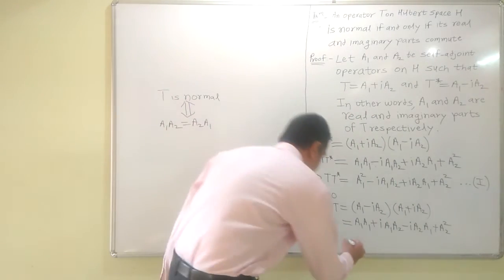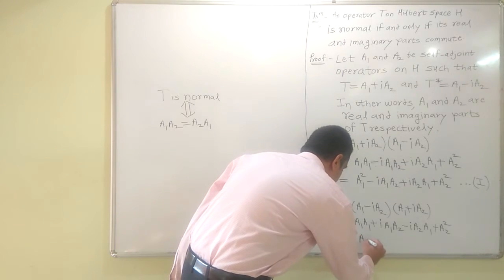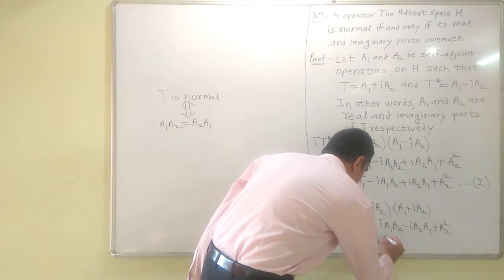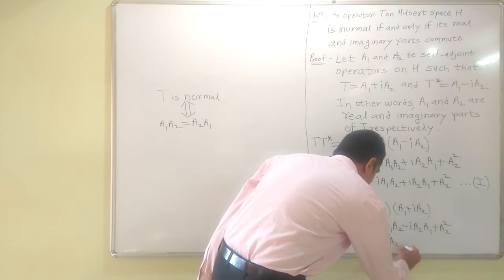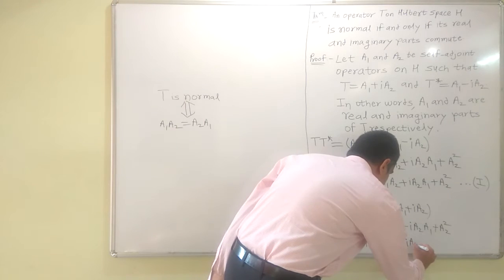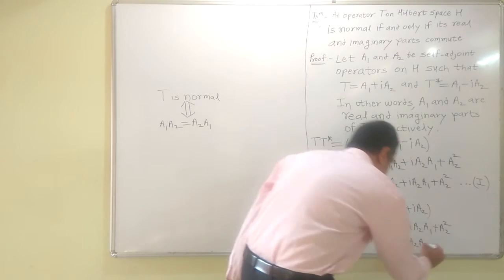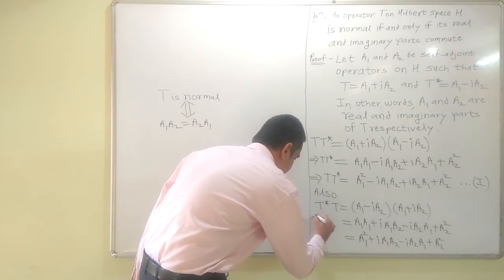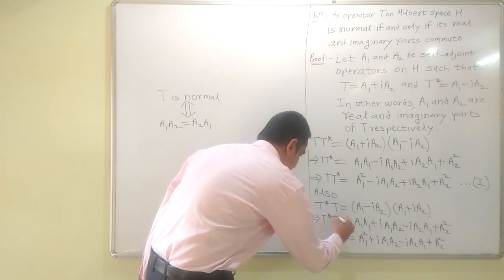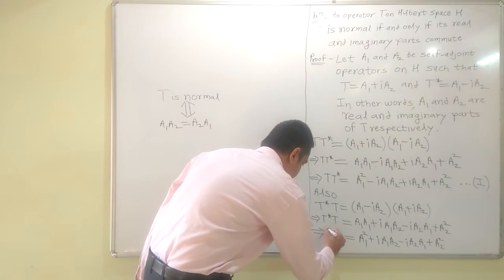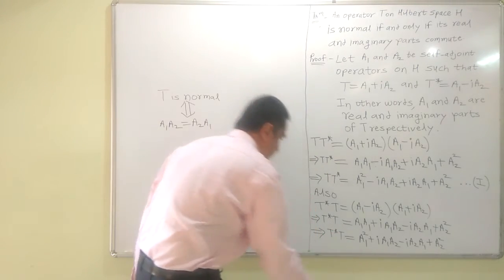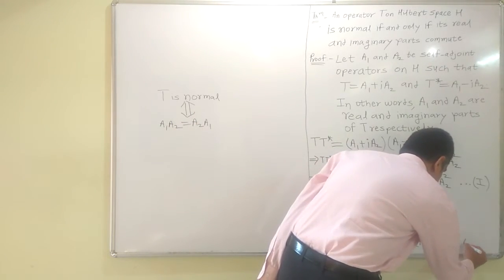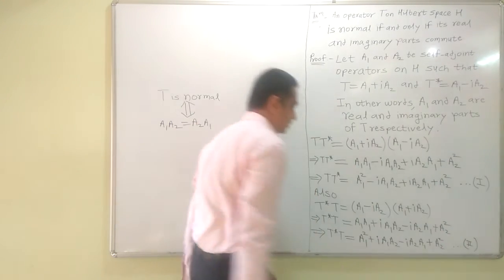So this is equal to A1 squared plus i A1 A2 minus i A2 A1 plus A2 squared. Thus, we have calculated T star T in terms of A1 and A2. This is the second statement.